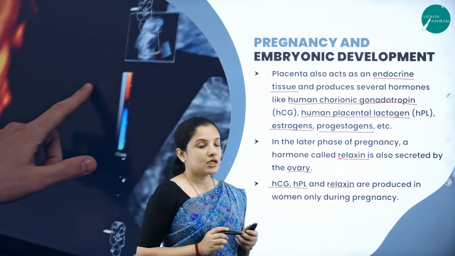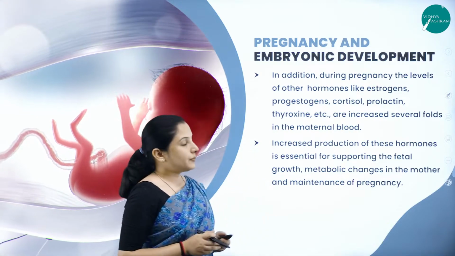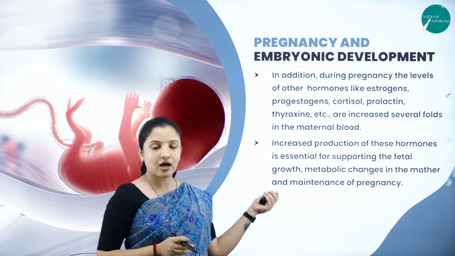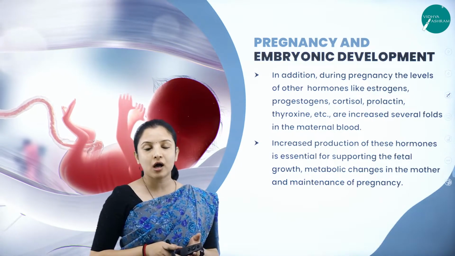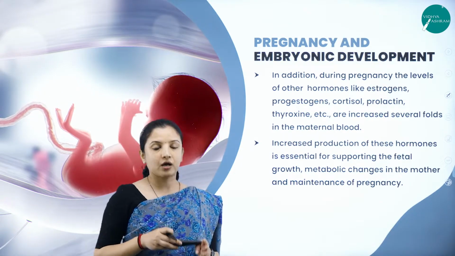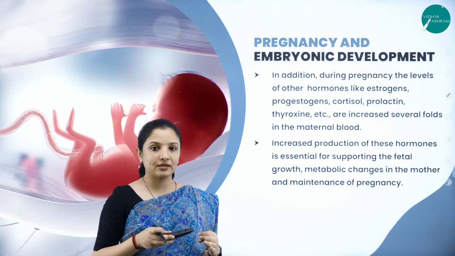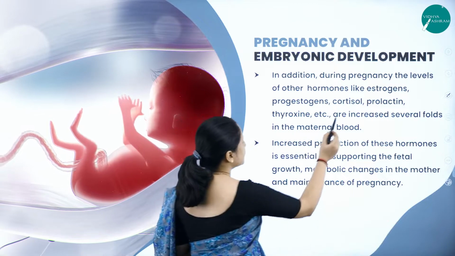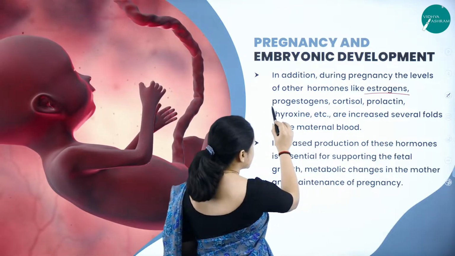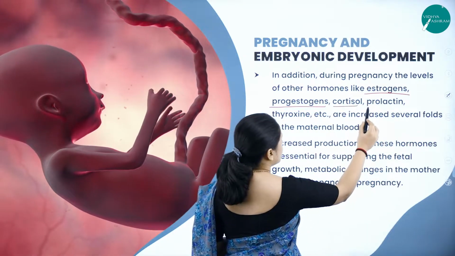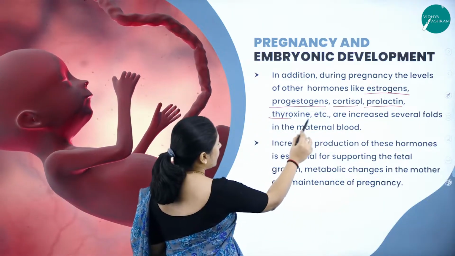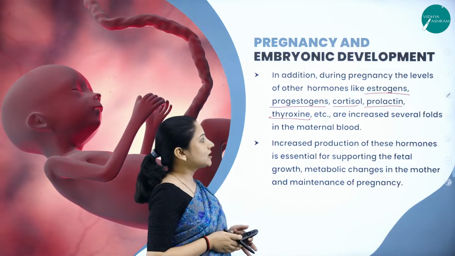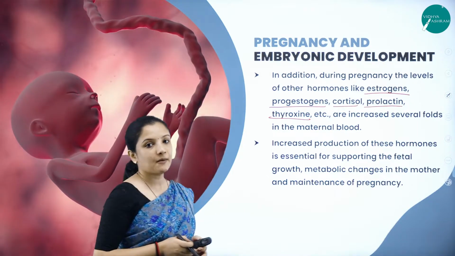And apart from that, in addition to the increase in the hormones during pregnancy, what were the hormones? The HCG hormone, the HPL and the relaxin. Apart from that, certain other hormones such as estrogen, progestogens, cortisol, prolactin, thyroxine, which is a thyroid related hormone, are all increased to several folds in the mother's blood.